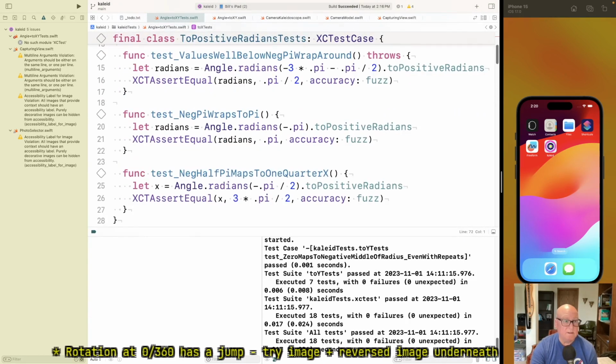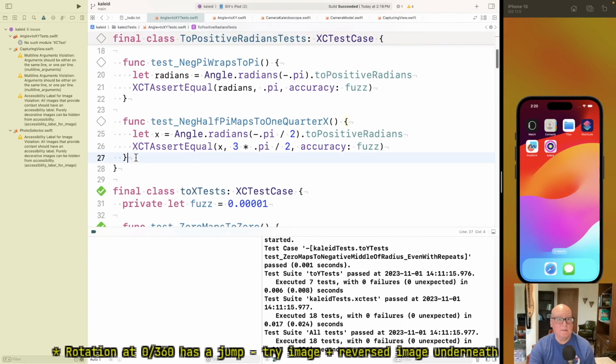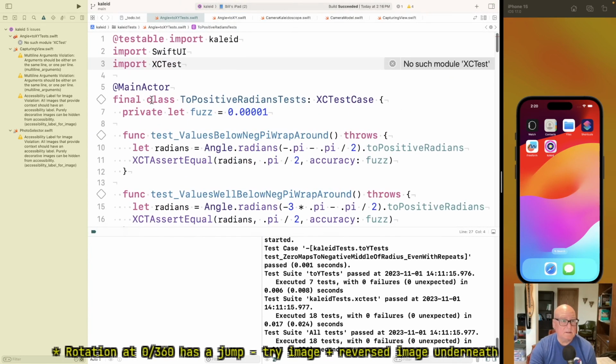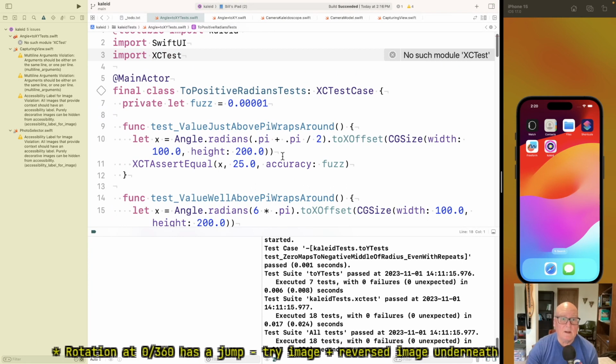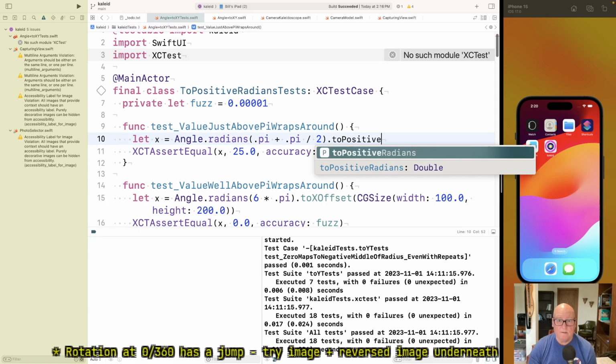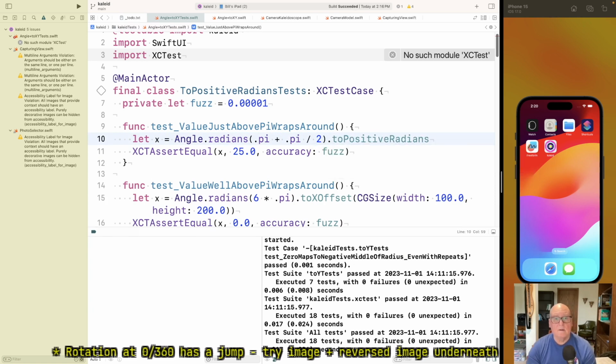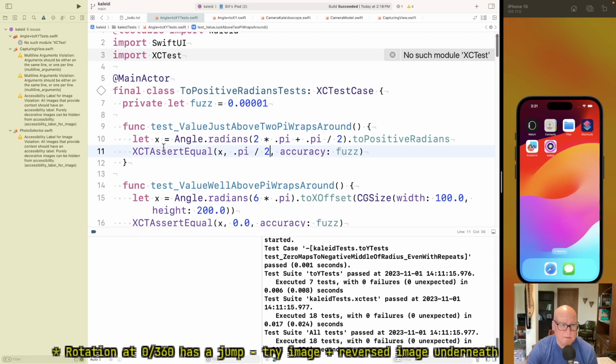All right, so I'm going to add these into our angle test. Well, that's the neg, so let's do the positives before the negatives. Value just above pi wraps around to positive radians. Well, that should be 2 pi. Should be pi over 2.